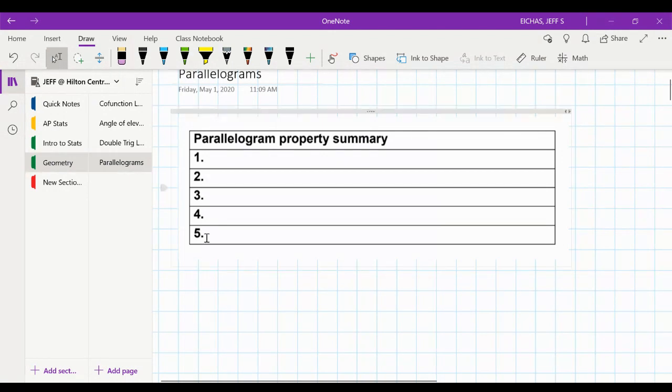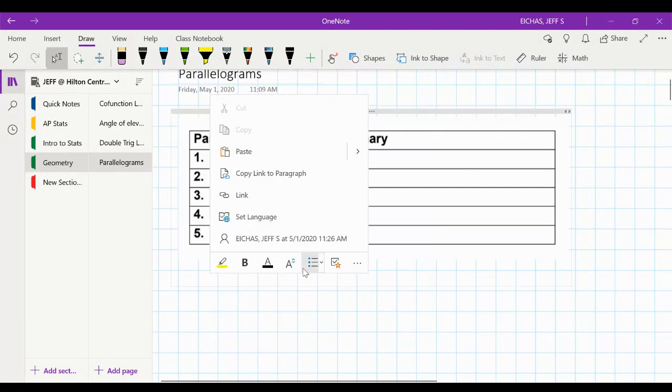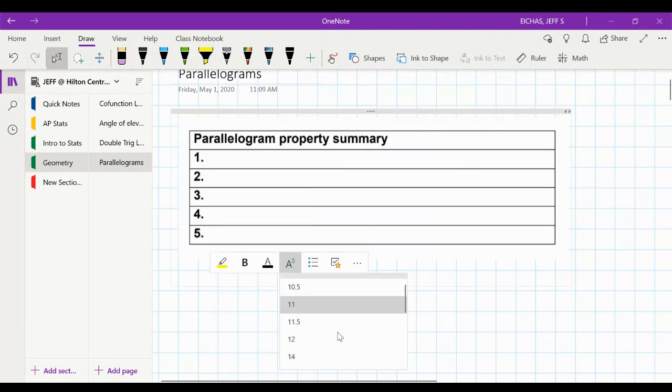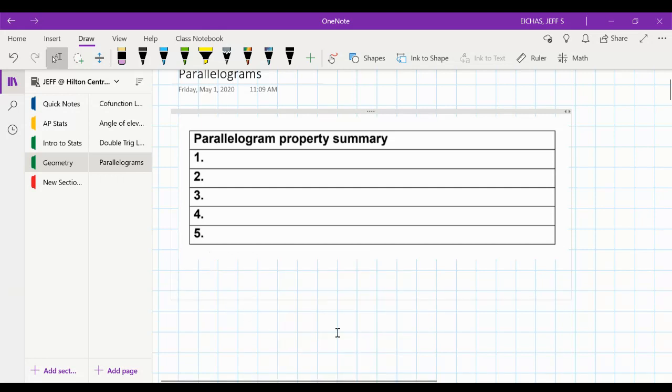summary. Okay, so that's in the reading. So go back and look at that, what I submitted there. Give you, for instance, one of the properties, use this for number one: both pairs of opposite sides are congruent.